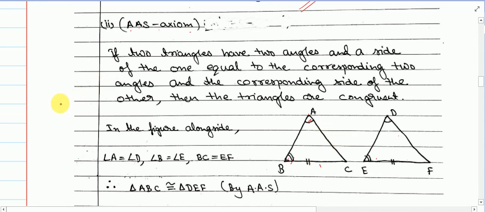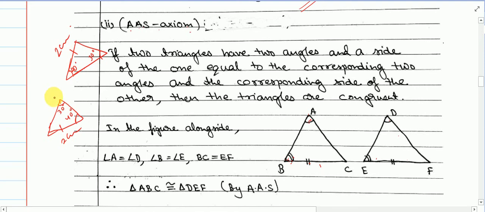Like for example, let's say this is 30 degrees, this is 30, let's say this is 40, and we have one over here, this is 40, this is 30, and this side is 2 centimeter and this side is 2 centimeter.